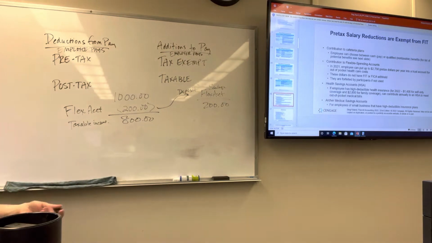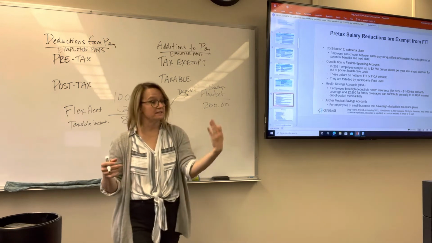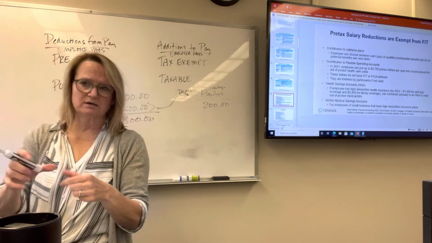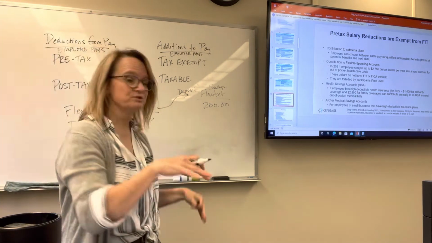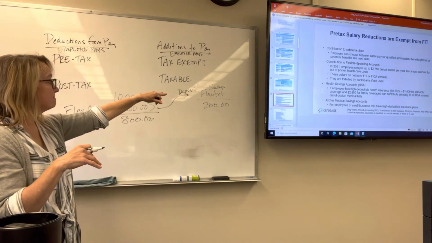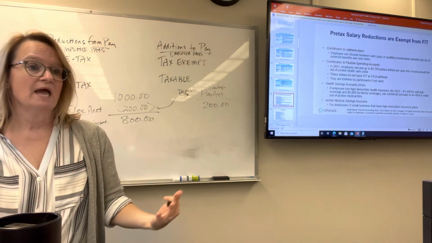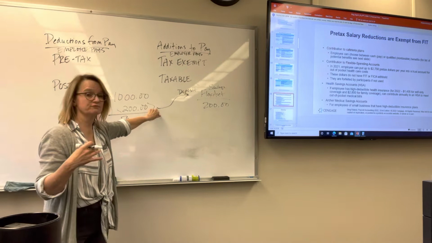If it's a medical flex savings account, that means I've now got $200 that I can spend. Usually they'll give you a debit card for this kind of thing. I'm sure some of you have maybe experienced this. You can use that $200 then to pay for medical expenses. You have sheltered $200 from taxation.